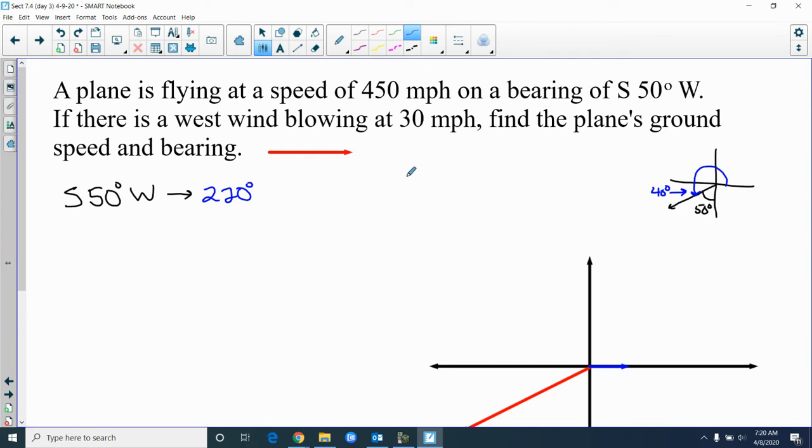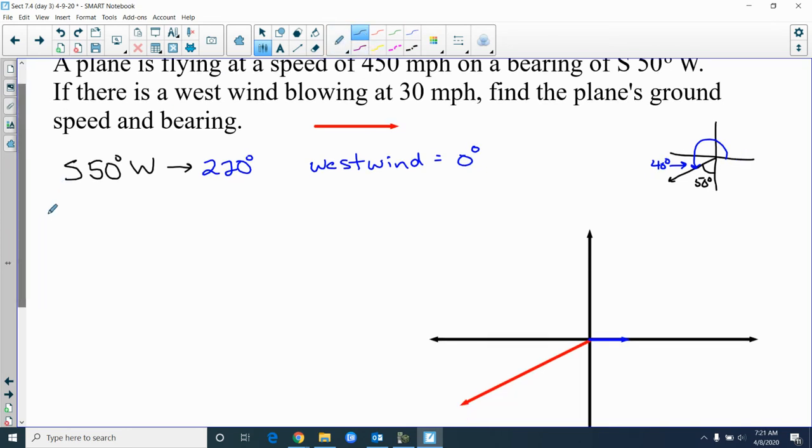We have to use a direction of 220 degrees. A west wind, what is its direction? Well, I actually have it drawn down here, the little blue vector. That is a direction of 0 degrees. That is important.